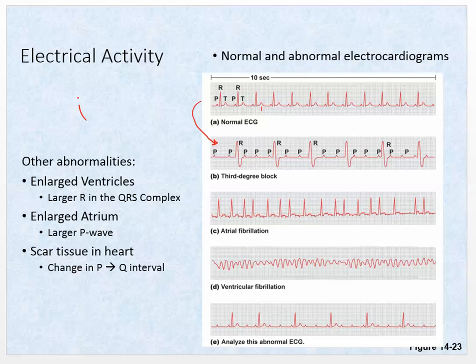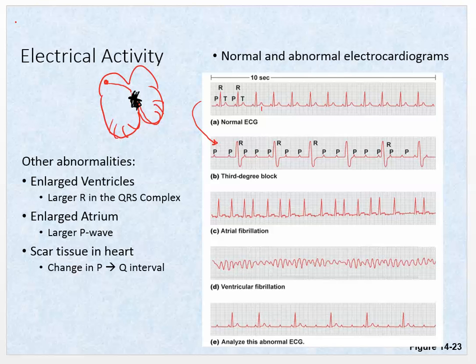Okay, so that means in the heart, if we have the atria up here and the ventricles down here, remember we have the SA node that's trying to communicate, going through the AV bundle and then to the Purkinje fibers. Well, guess what? This person probably had a heart attack and damaged this area of the heart.